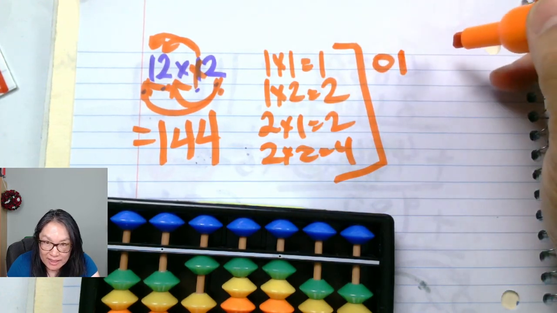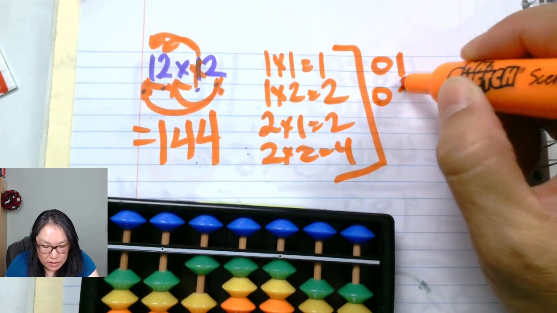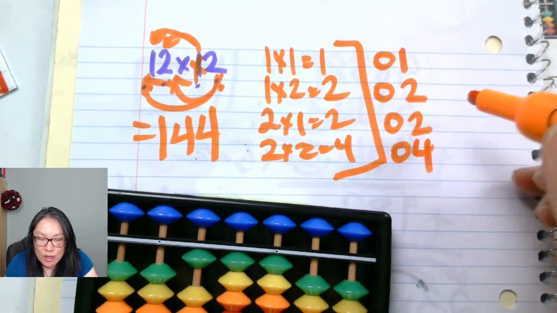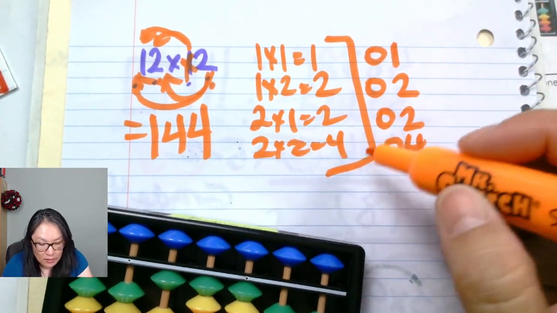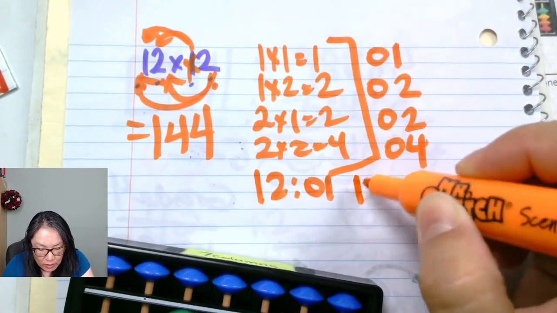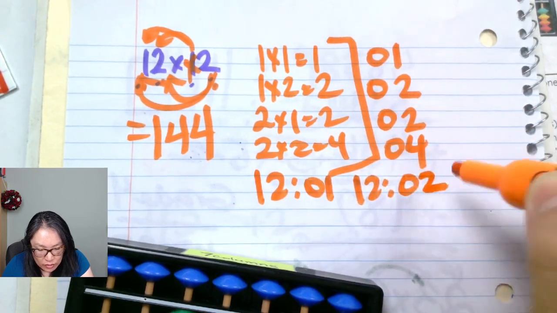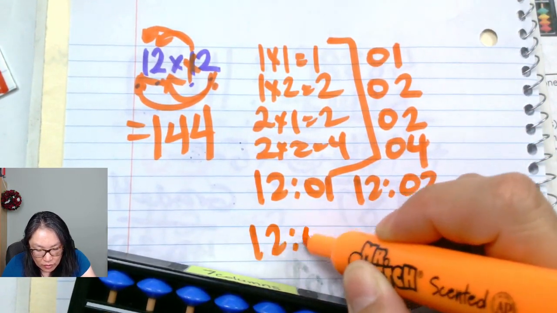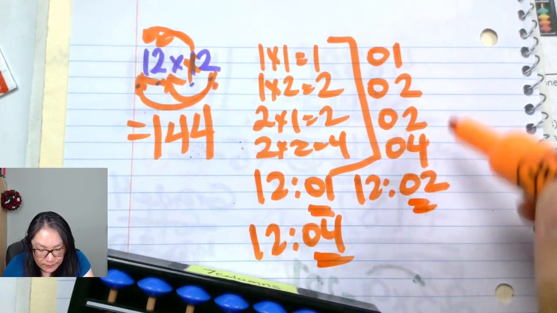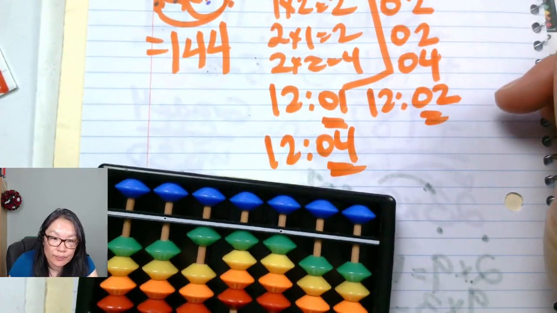Kind of imagine it being like this: 01, 02, 02, 04. You know, like how we write time, right? 12:01, 12:02, 12:04. Because we do the double digit, that's why we go back one column.